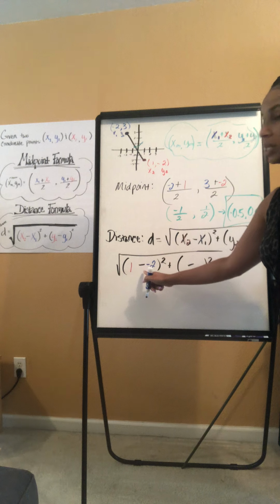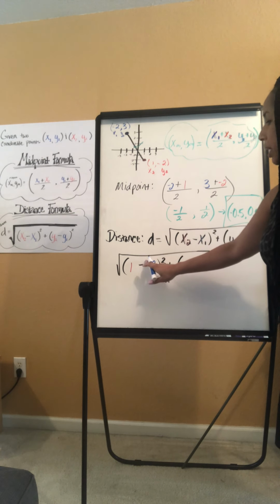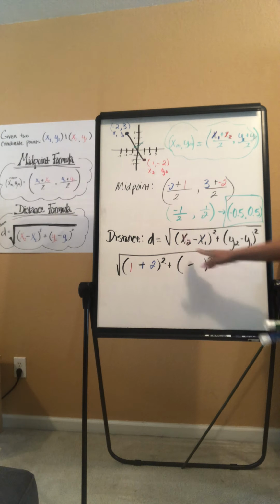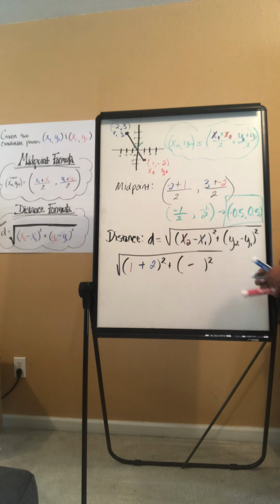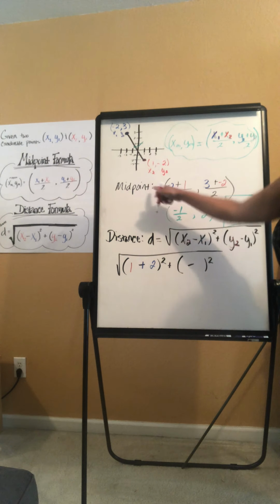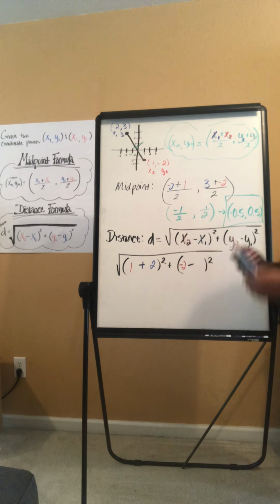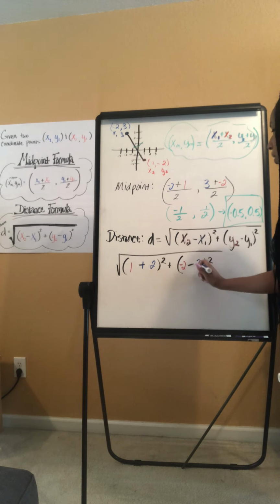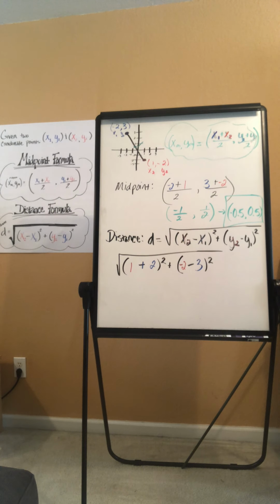And we know that when we subtract a negative, it really makes it a positive. All right, over here, I want my y2. So my y2 was the negative 2. And then the y1 was just a 3. And again, that subtraction sign was already in there.